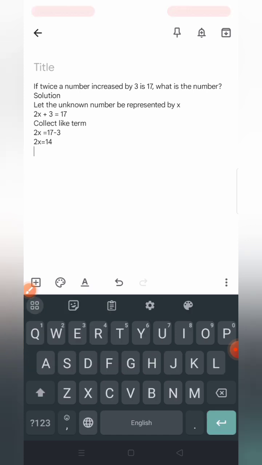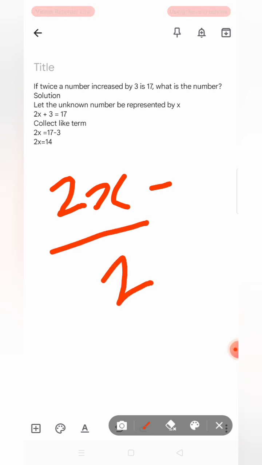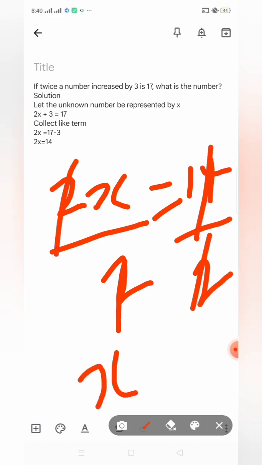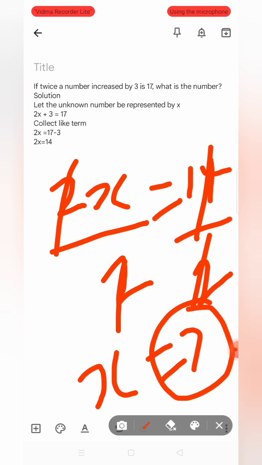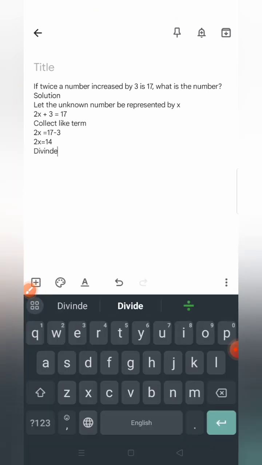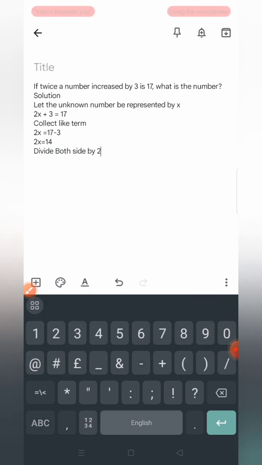14. Then when you divide that, you're going to have 2x equals 14 over 2. This cancels this, and x equals 7. So the answer is x equals 7. Well, let's write that properly. Divide both sides by 2.